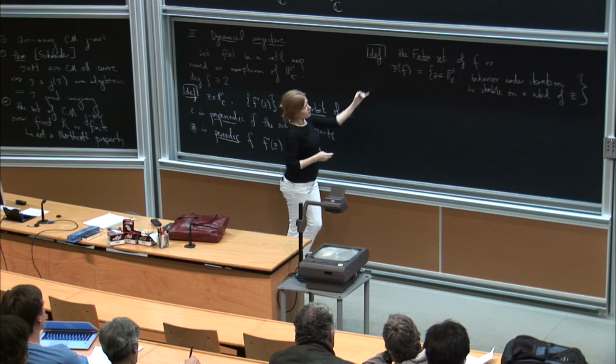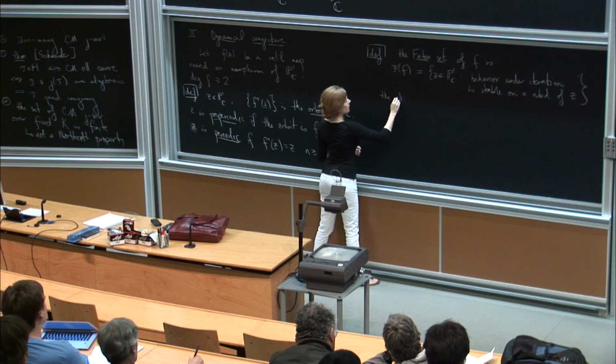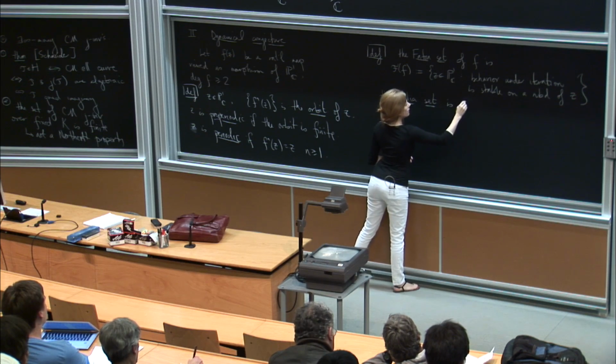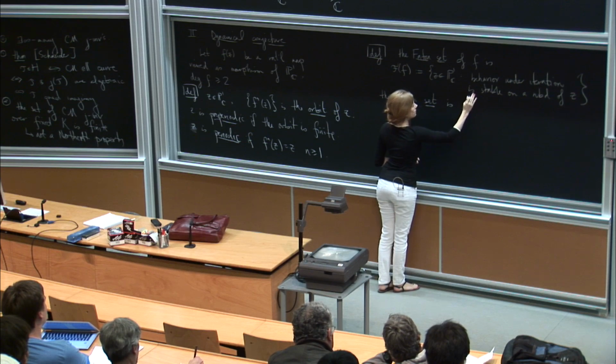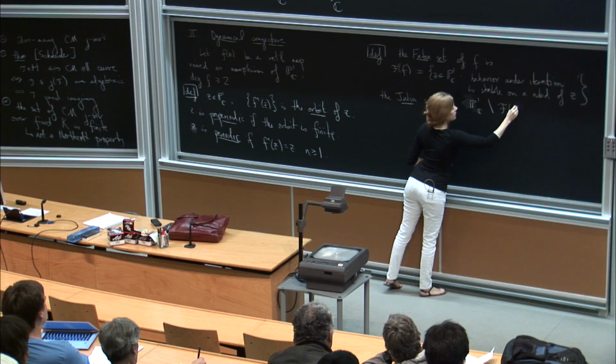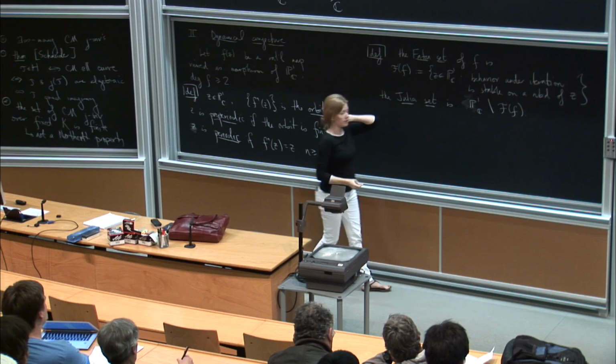And the unstable locus is known as the Julia set, or the complement of the Fatou set.